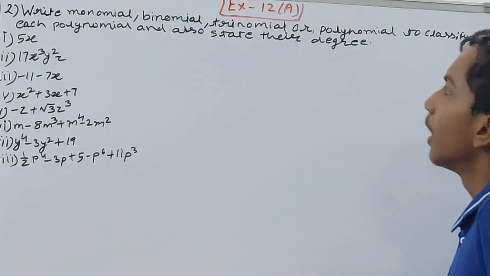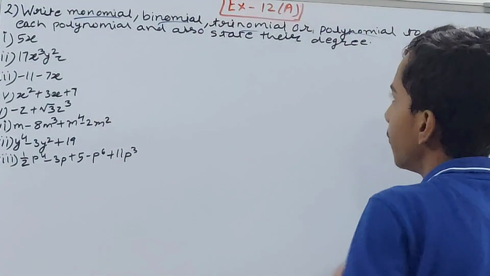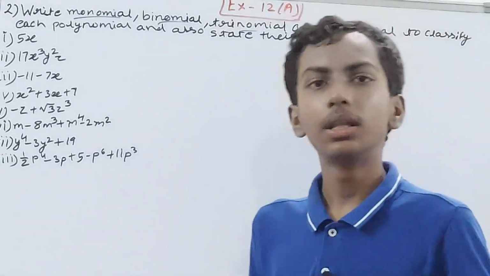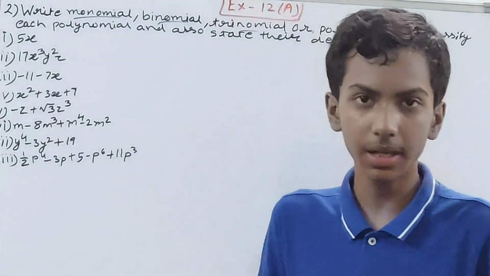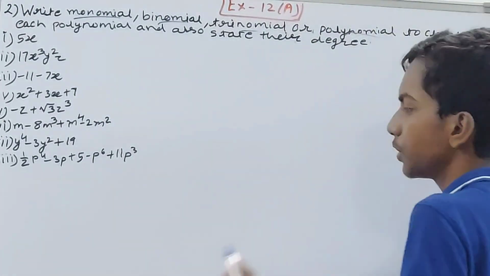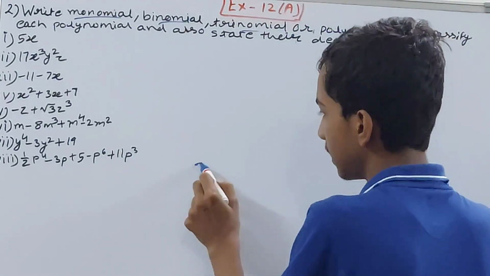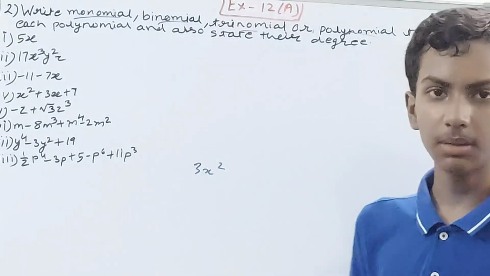First of all, what is this monomial, binomial, trinomial or polynomial? We all know that algebraic expressions are made by joining the terms by plus and minus signs. Any expression that has only one term, let's say 3x square, is a monomial.